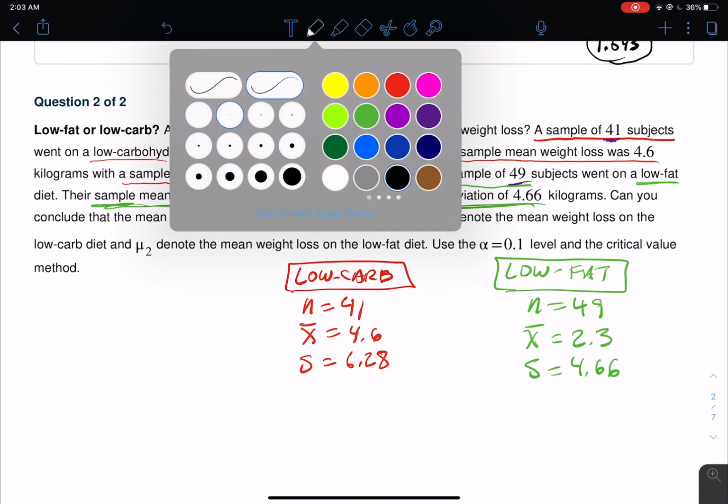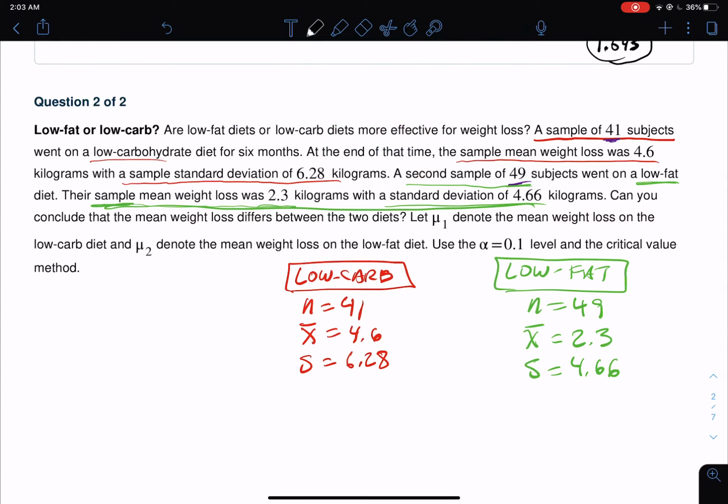Okay, now when they want us to try to prove something, that's going to be our alternate hypothesis, right? It says, can you conclude that the mean weight loss differs? There's the word, differs. And differs doesn't mean greater or less than, it means not equal to. So differs between the two diets.